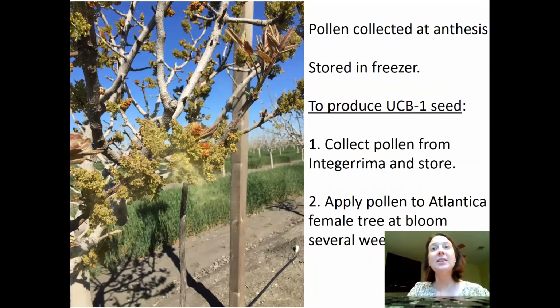To achieve this, pollen is collected at anthesis. It is stored in a freezer. So to produce the UCB1 seed, you would collect the pollen from Integerrima and store it. Then you apply the pollen to Atlantica female tree at bloom several weeks later. In the photo, you can see the pollen coming off the male flowers when a branch is shaken.